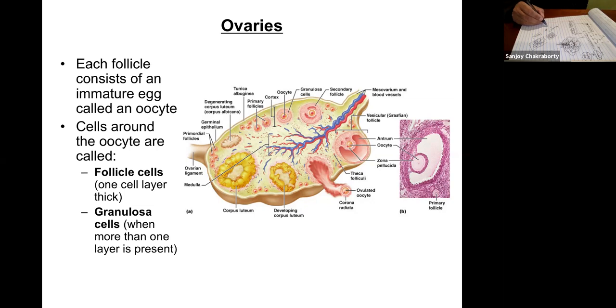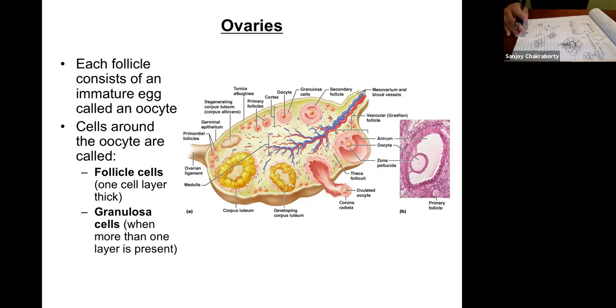So the outside cells become a little bit bigger. We call them primary follicle. And then obviously secondary follicle, or so-called growing follicle. So they have multiple layers now. The outside cells are divided, not the egg, nothing to do with the egg in this case. Then this is secondary follicle.